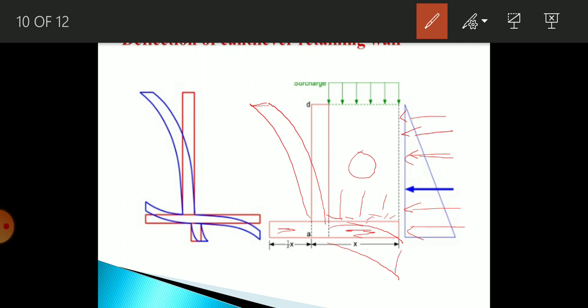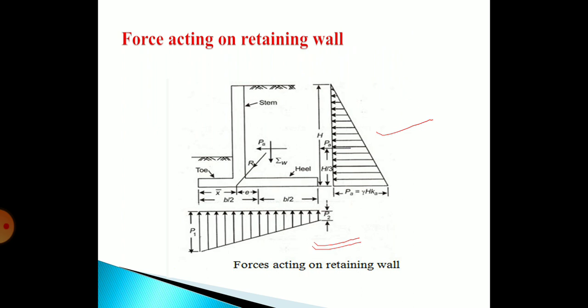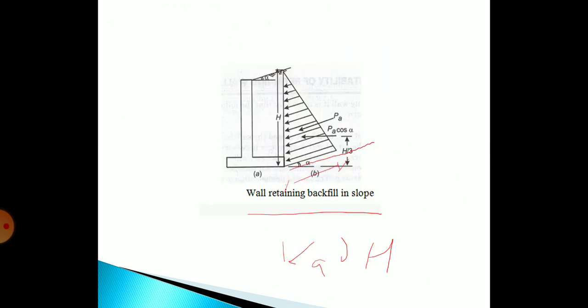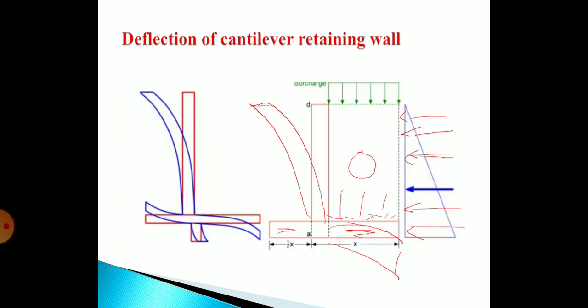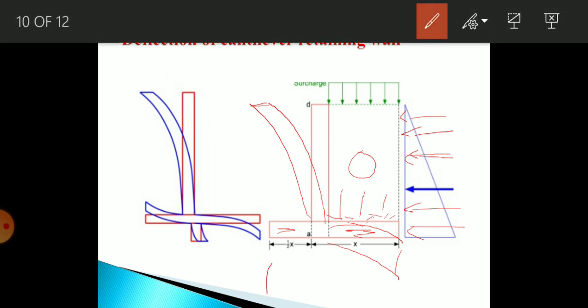Then next, we have seen in the previous case that there is upward vertical pressure, and that upward vertical pressure is due to soil. Due to this upward vertical pressure, this toe will be bent in upward direction.